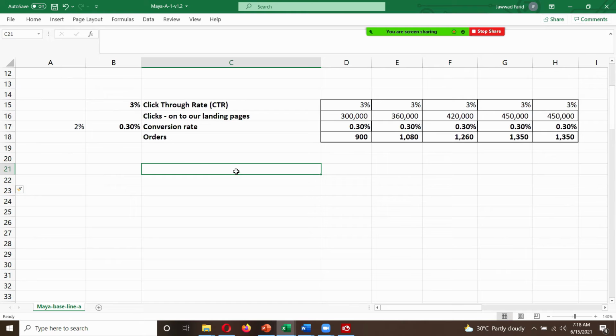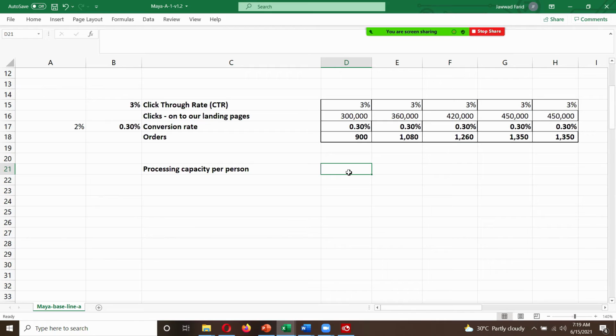So first, how do you answer that question? Where do you start? You start by assuming the processing capacity per resource, the processing capacity per person, and let's assume that this number is constant, but might improve as we get more efficient, as we add more technology, as we learn how to get better at what we do.